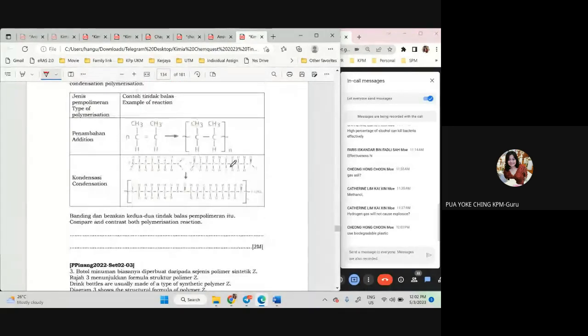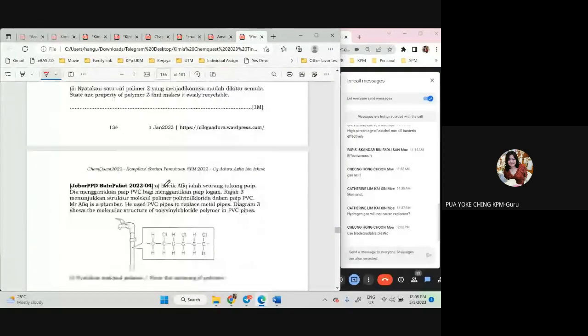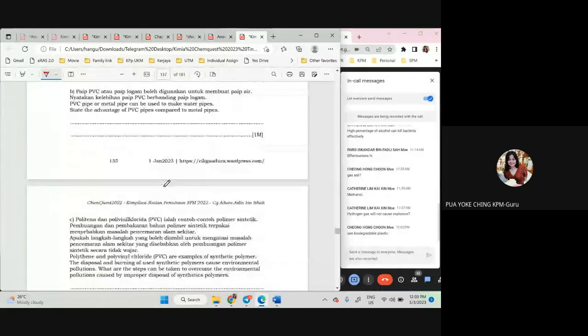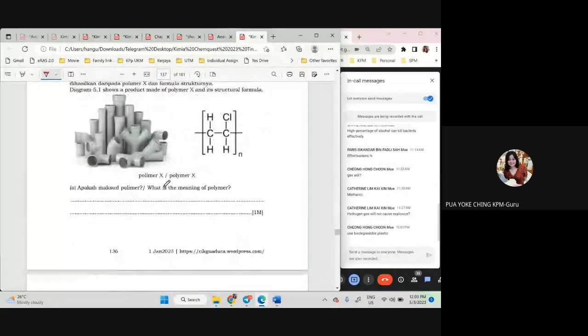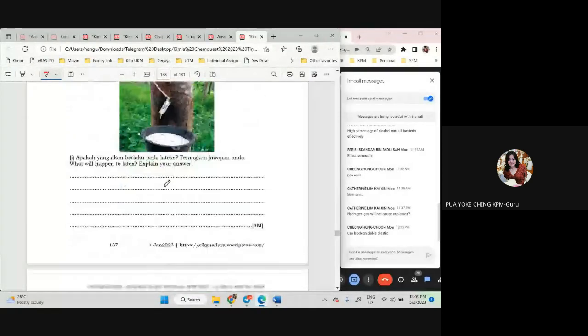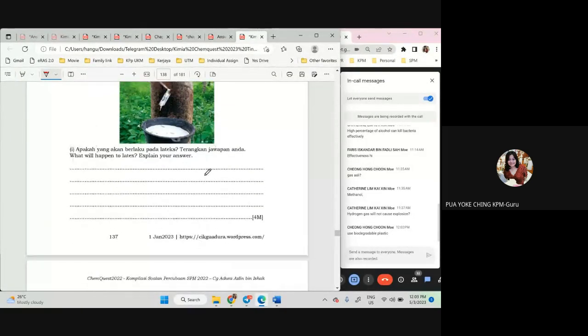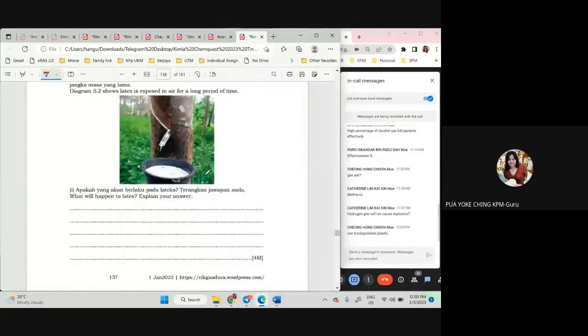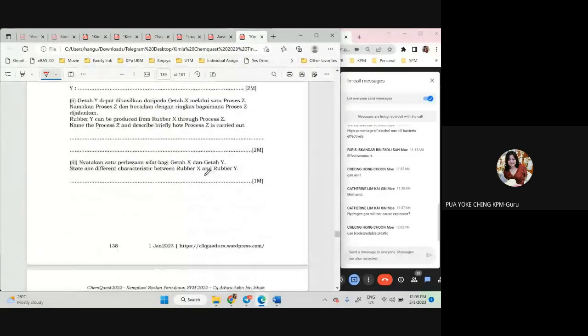So ini yang tadi, addition dengan condensation, banding dan bezakan. So it's almost the same. So for polymer, always the lebih kurang soalan yang sama. Ask effect, ask you to draw, and then just this one lah. This is the latex yang tadi kita tak discuss. So you can go through this one. This is how latex coagulate without adding acid.